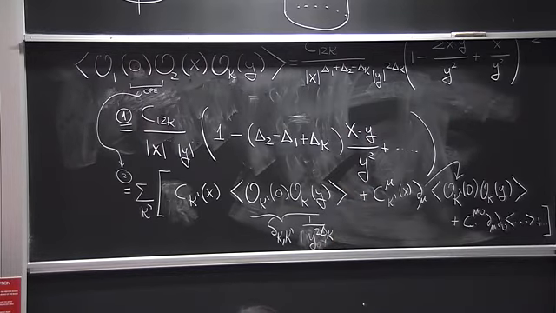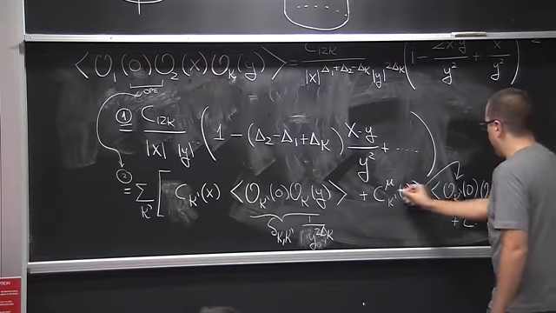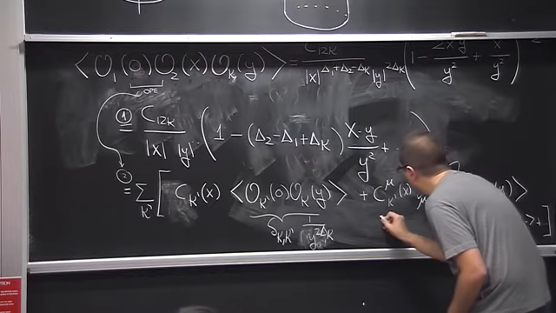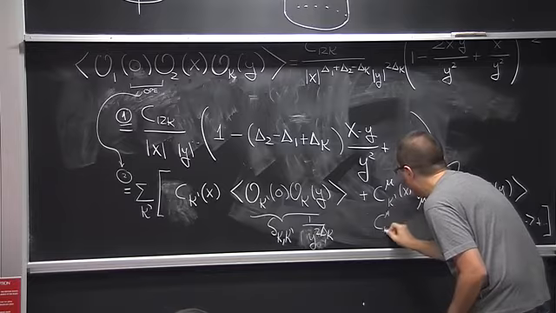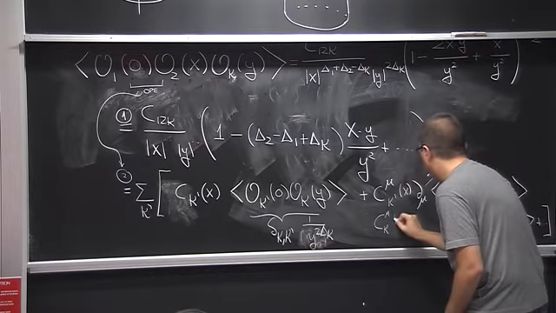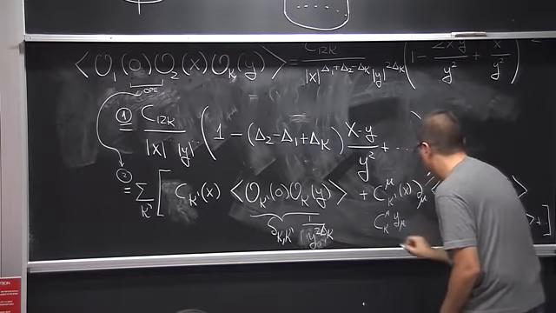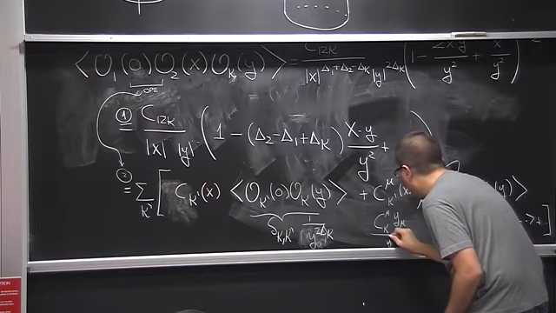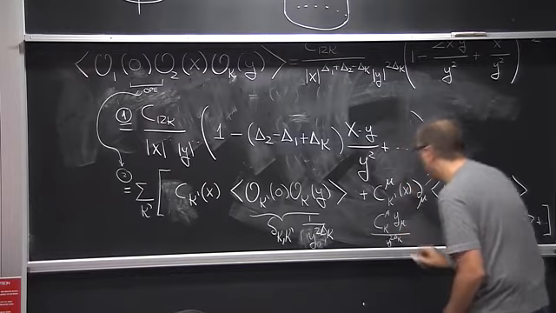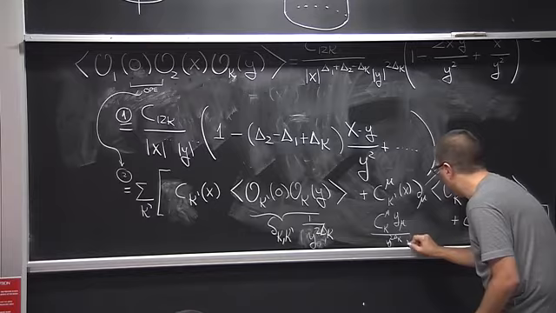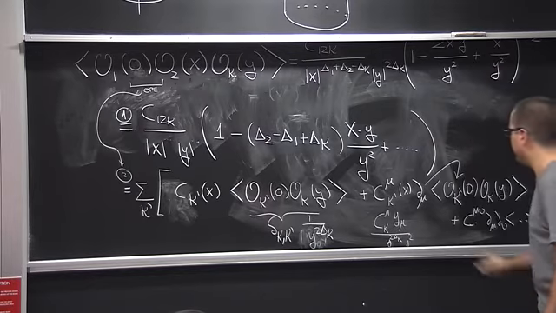Do you agree? And this full thing here will be c mu k y mu over y to the 2 delta k times y squared after taking the derivative.